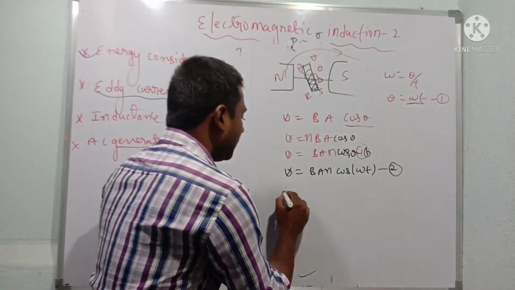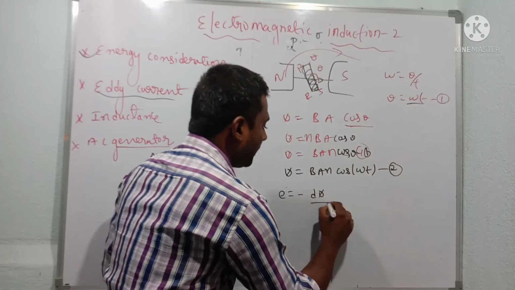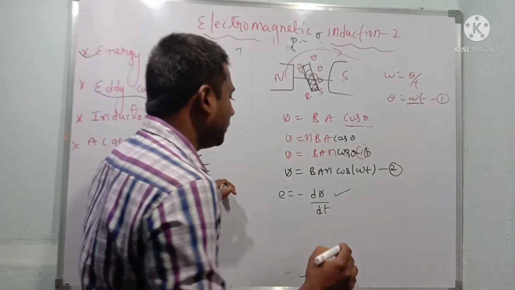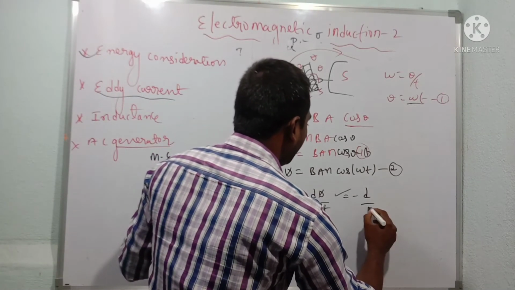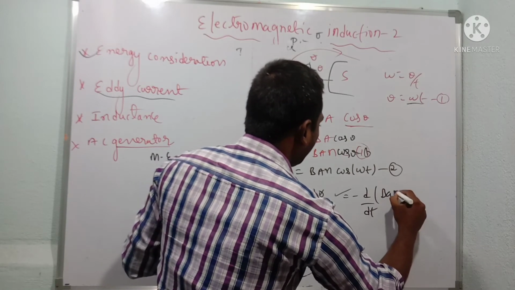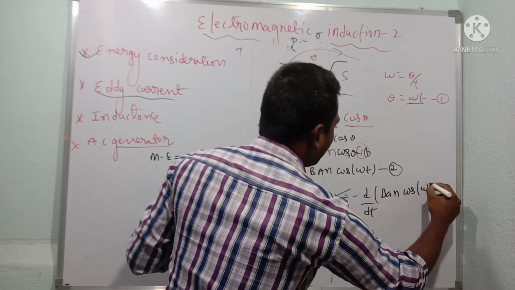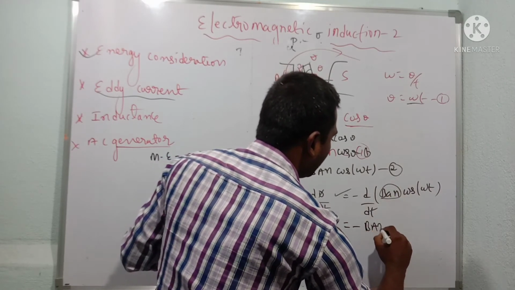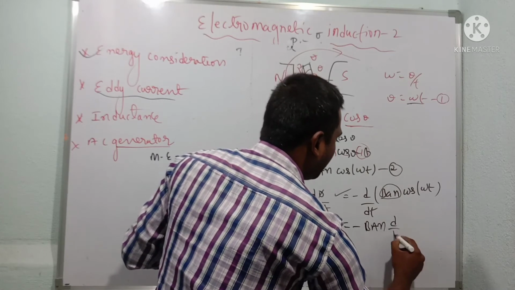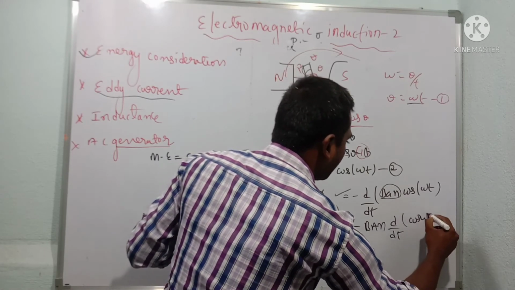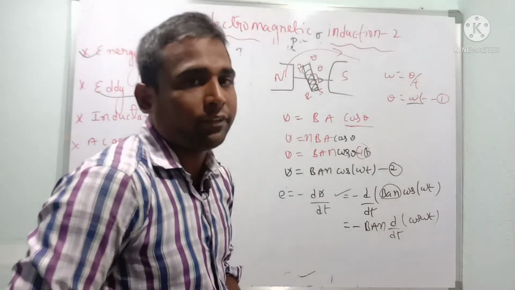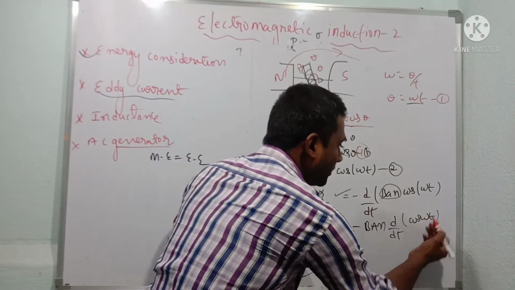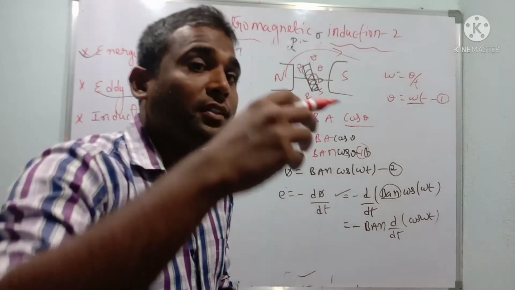We know that E is equal to minus d phi by dt according to Faraday's laws of electromagnetic induction. So it becomes minus d by dt of BAN cos omega t. This BAN is constant, so BAN times d by dt of cos omega t. We know that differentiation of cos x is minus sin x, and here omega is constant, so it becomes omega into sin omega t.